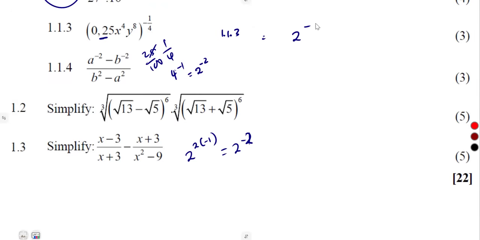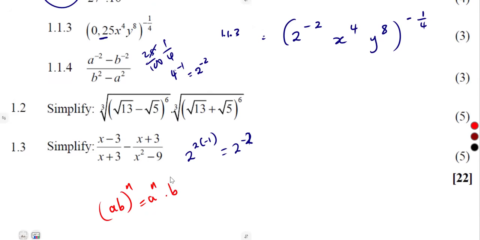So that's 2 to the exponent of minus 2 in simplest form, times x to the exponent of 4, y to the exponent of 8, raised to the exponent of negative 1 over 4. So we are back to that law that I explained of ab raised to the exponent of n, where each is raised to the exponent that we are given.